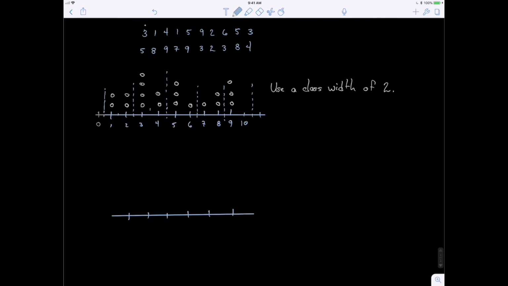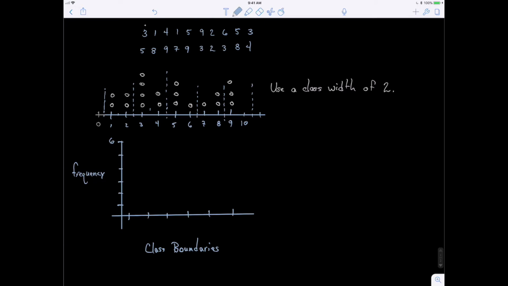And then let's go here. That looks pretty good. So now let's snap these into place: 1, 2, 3, 4, 5, and there's 6. And remember, this is our frequency. And on the horizontal, these are our class boundaries, or you could just write boundaries if you would prefer.